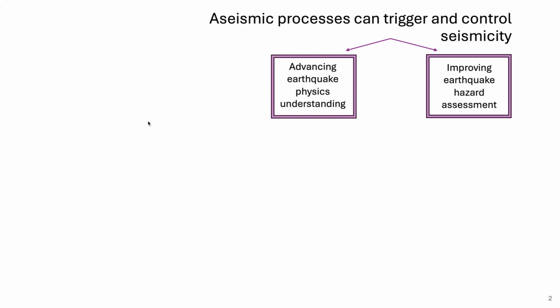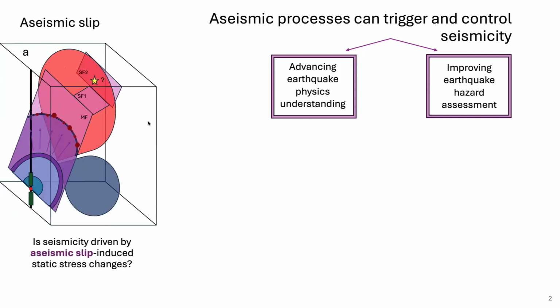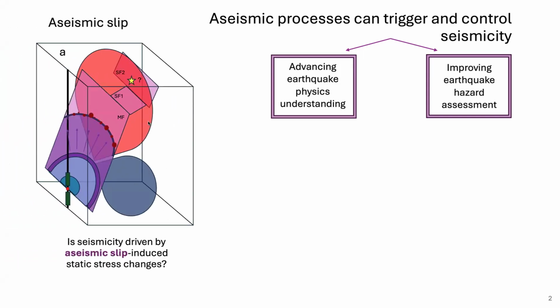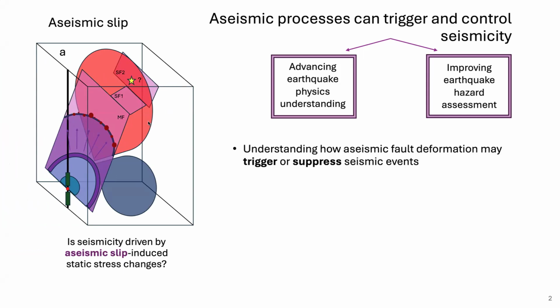And on the other side, if we know specific patterns, we can somehow forecast seismic event behavior in time and space. And I guess this would help improving or updating current earthquake hazard models. So at the moment, my current focus is characterizing aseismic slip events, which are one of the possible aseismic processes which can trigger or suppress seismicity.